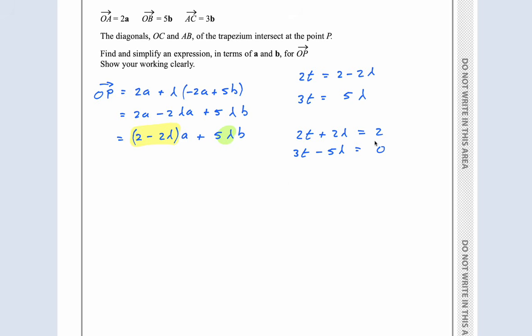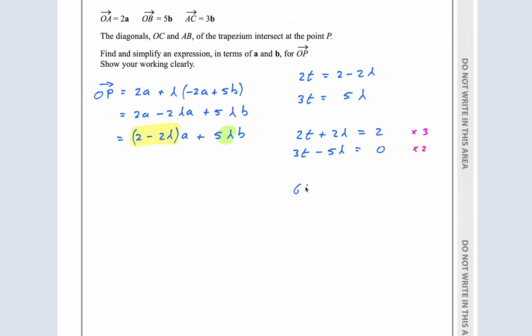So this is a simultaneous equation that you may be familiar with, the normal looking simultaneous equation. So if I multiply the top one by 3 and multiply the bottom one by 2, that will give me equal t's, which I can then eliminate.